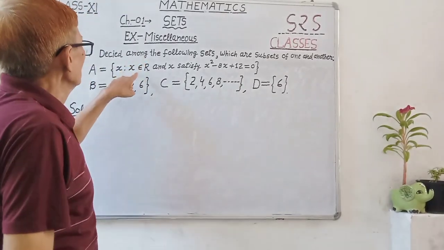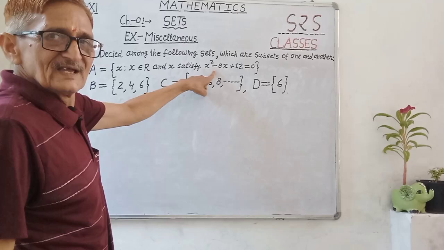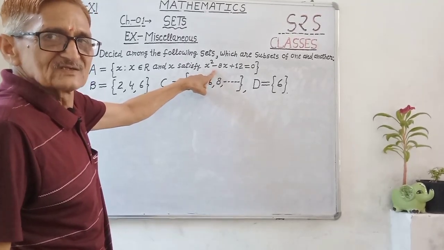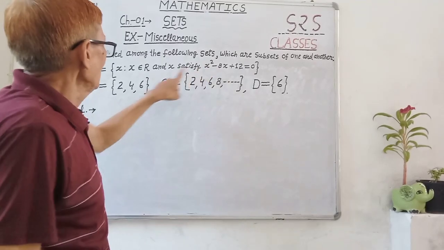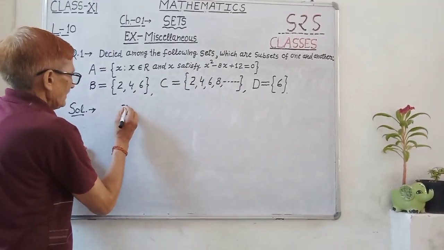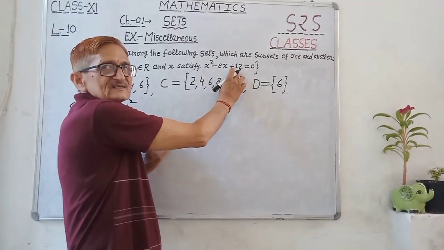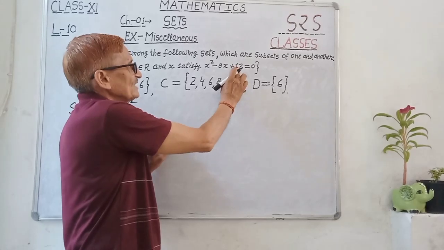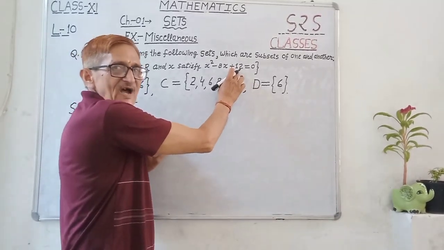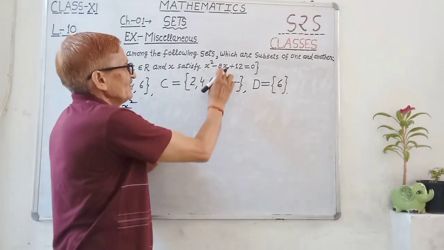Now here see, here we solve set A, because set A is given by a quadratic equation. We have to solve x satisfied. Okay, x is real number, so we have to simplify x square minus 8x plus 12, factors, middle term splitting. 6 times 2 is 12, minus 6 and minus 2, product is 12 plus, and sum of minus 6 and minus 2 is minus 8.